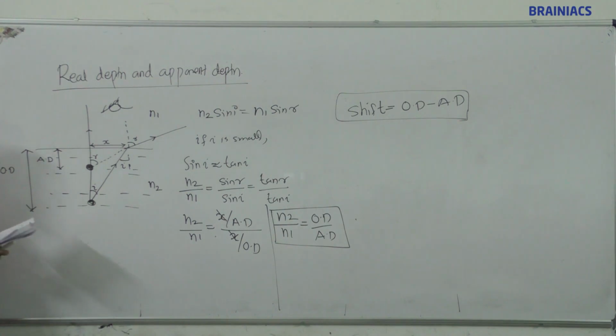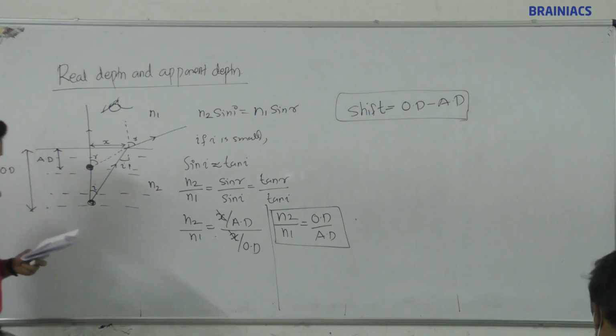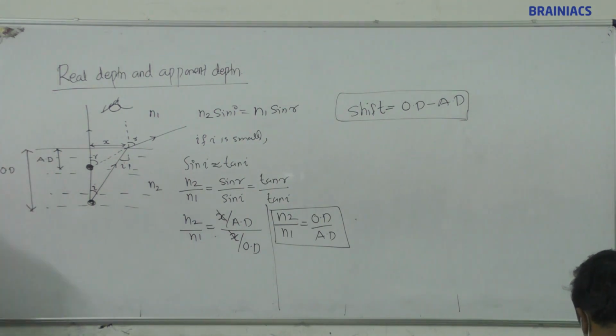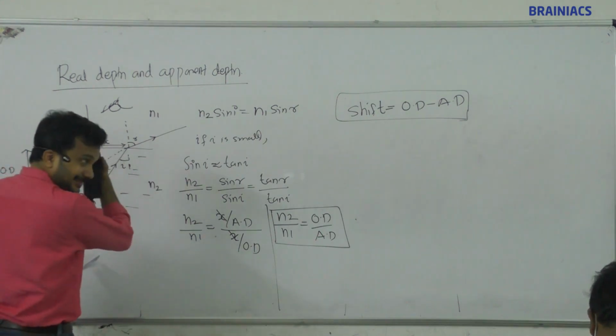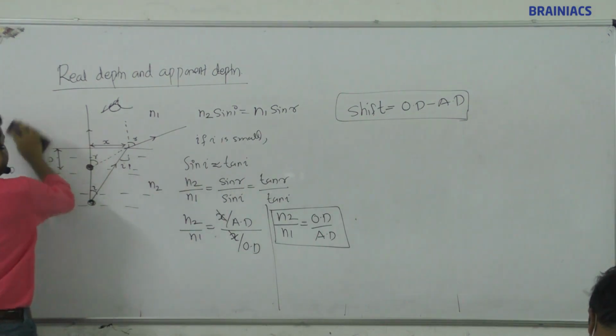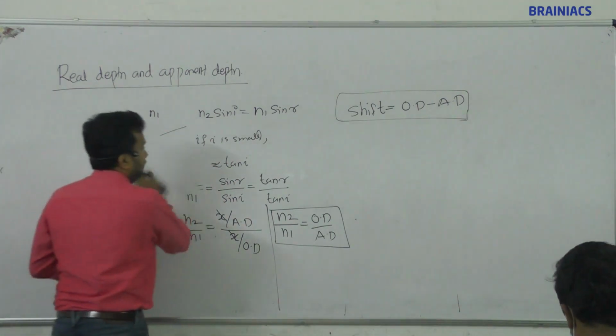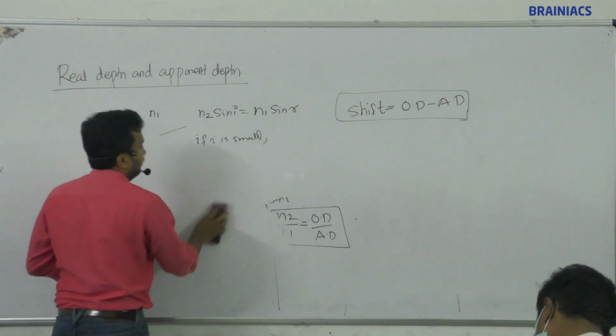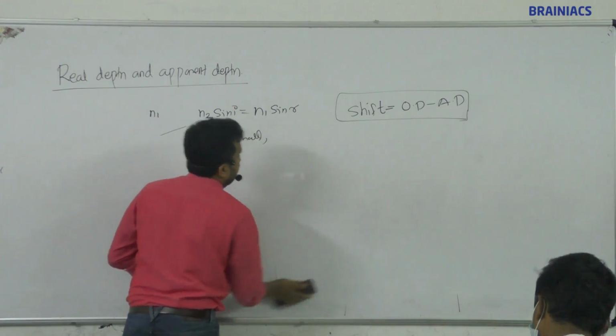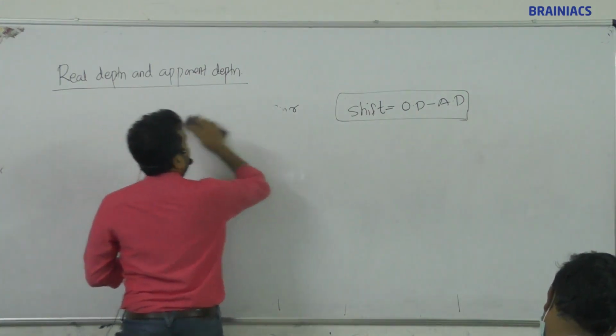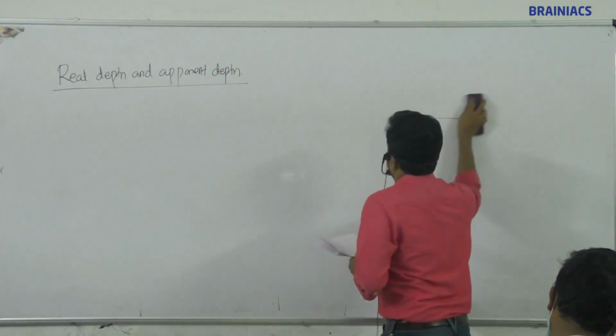What is the distance of the fish observed by the bird flying over the water body?